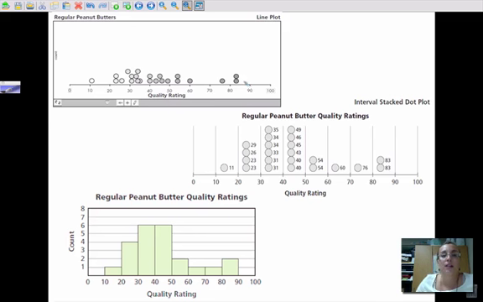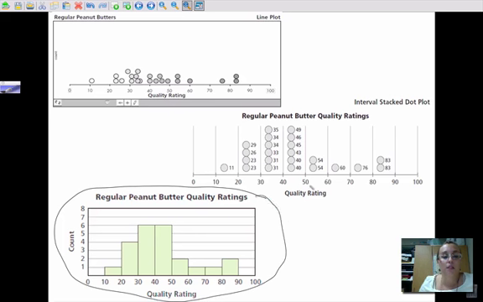Okay, and then histograms actually take that information and they clump it together. They clump the dots together into intervals of 10. And then what they do is they count how many are in each one, and this right here is actually a histogram. A histogram looks like a bar graph. It's different. I'm going to tell you how in a little bit here. But it's going to tell you how many ratings are in each interval.